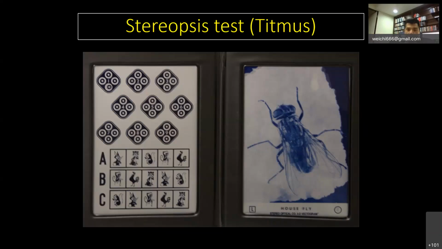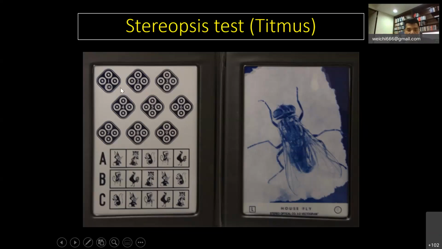But if you want to quantify it, you would have them look at these circles. With the glasses on, they could find out that one of the circles distinctly stands out from the rest. You have nine sets of circles here.